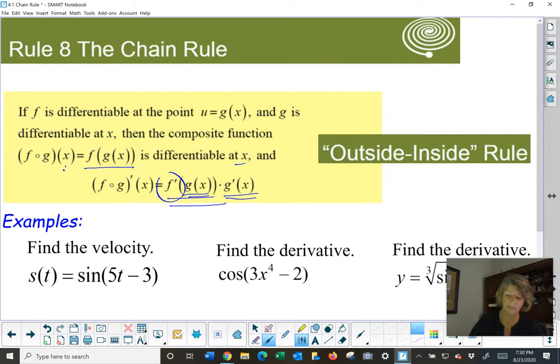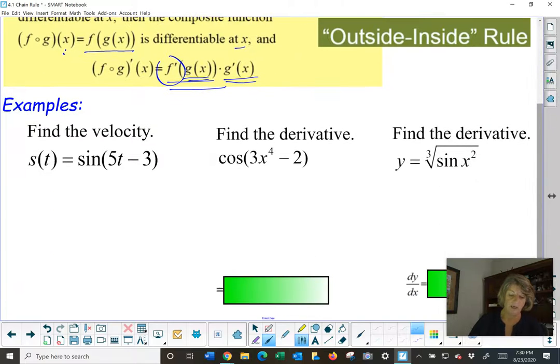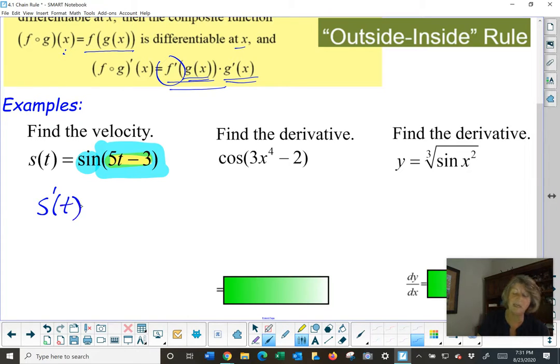You remember this. All right, so first one, it's giving us a velocity and asking us to take the derivative. How many layers do you see to this function? I see an inner function of 5t minus 3 and an outer function of sine of stuff. So I'm going to take the derivative of the outer function and then the inner function.